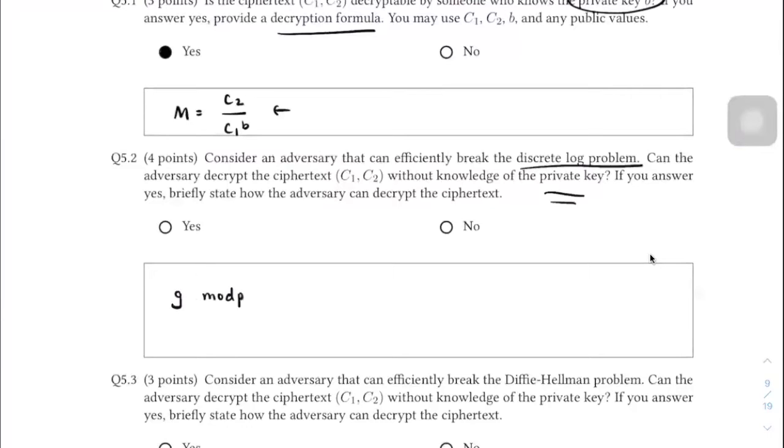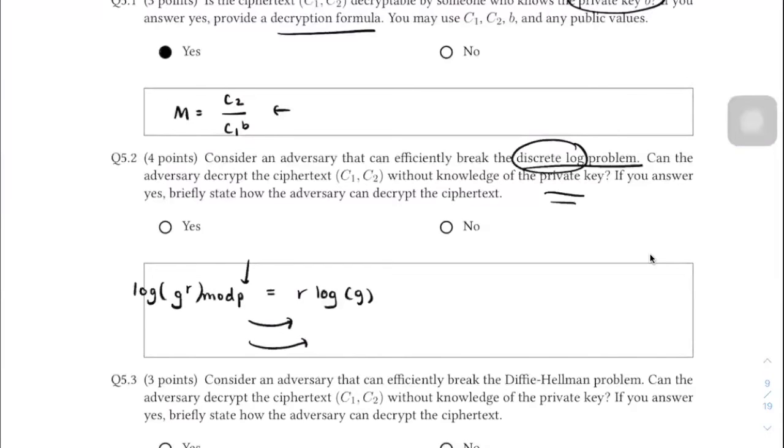Usually, if we're just dealing with regular numbers, when we take the log of this, by log rules, we get R log G. But what the discrete log problem says is that this operation is very, very difficult to do in this case because this mod P is a very large prime number.